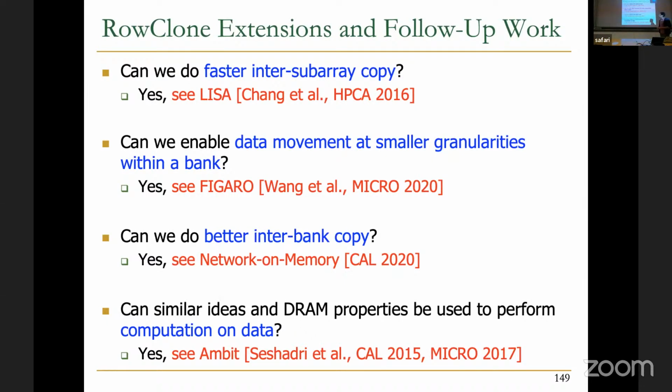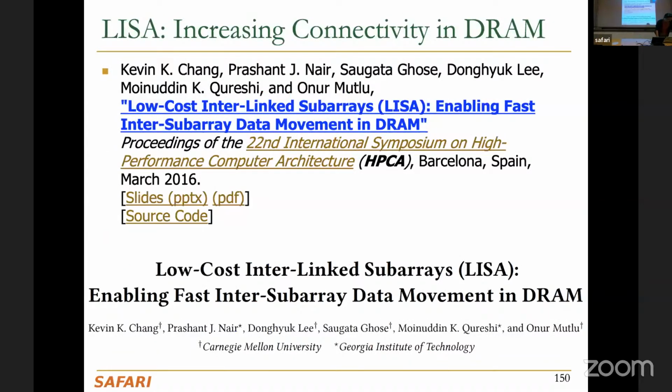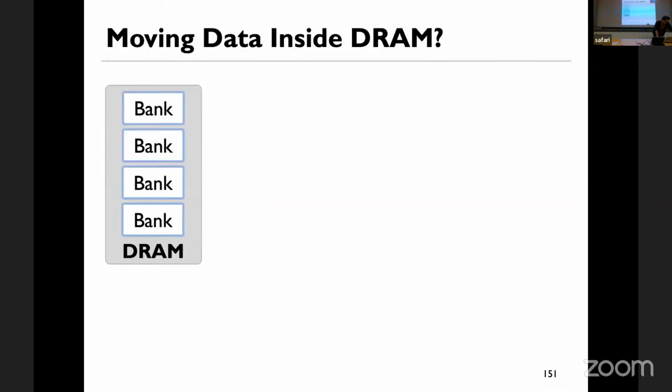But then there are other ways, like, for example, Figaro can also do internal data movement using the global row buffer, but in this case, at a much finer granularity. Instead of copying entire rows, you're copying pieces of 64 bits. Or, for example, this NoM, network of memory, for interbank copy using a network in 3D stacked memories with a logic layer.